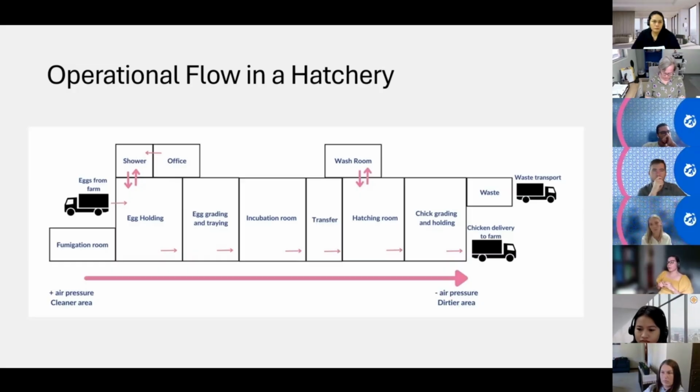And this is a simple picture showing the movement, the flow of that egg. I mean, the egg comes from one side, and the chick should leave from a different side. And that is just to avoid contamination. And this flow also needs to be followed by all employees.